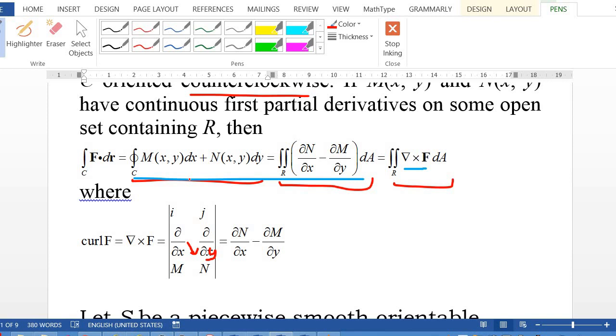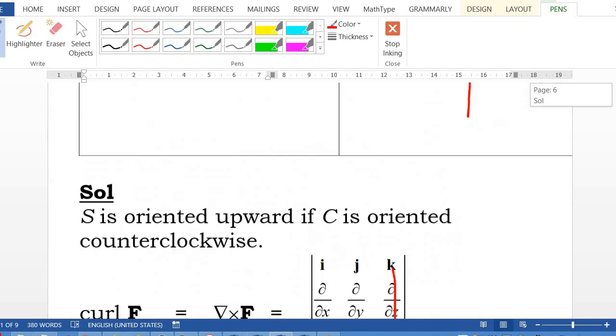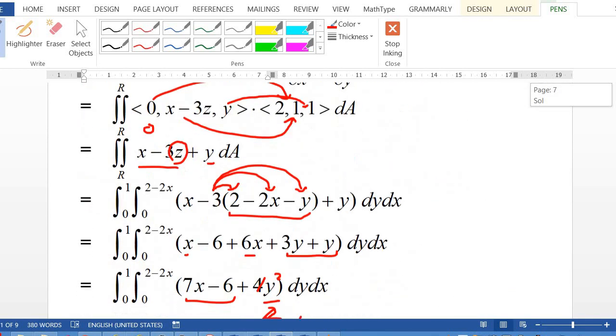Instead of evaluating a piecewise smooth curve, for example a rectangular curve, where we got 4 curves, C1, C2, C3, C4, and you have to evaluate it 4 times, if the curves C1, C2, C3, C4 close and form region R, then you can use the Greens theorem. How about if you want to evaluate F dot dr and the curve C is in 3 dimensions, like in the second example here?